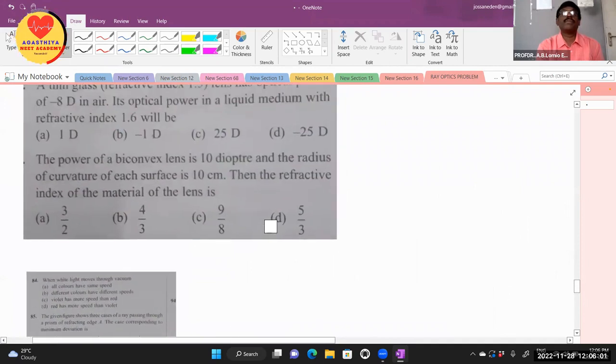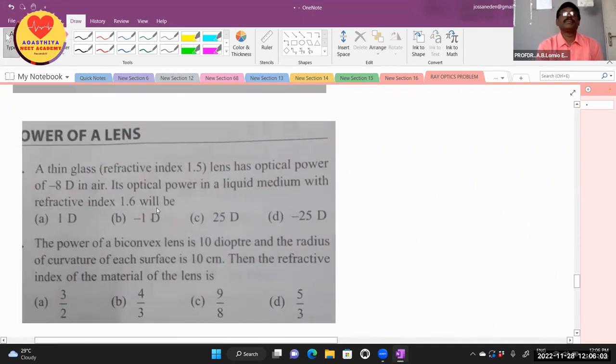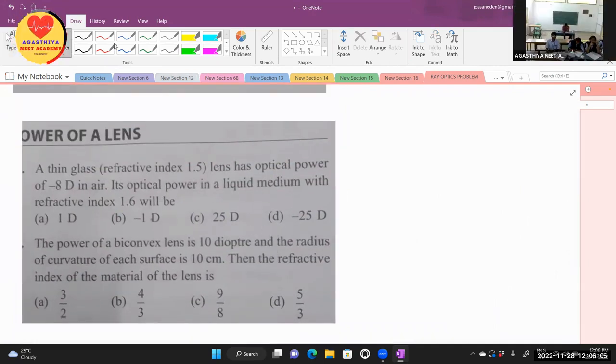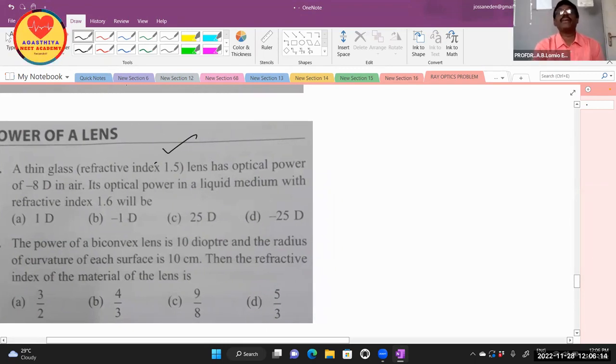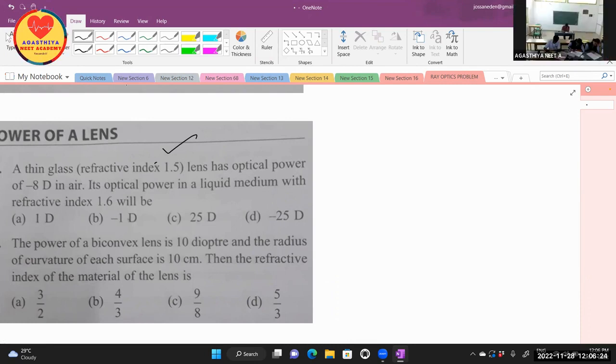Students, see this first problem. A thin glass lens of refractive index 1.5 has optical power of minus 8 D. D means diopter, that is a unit of power.